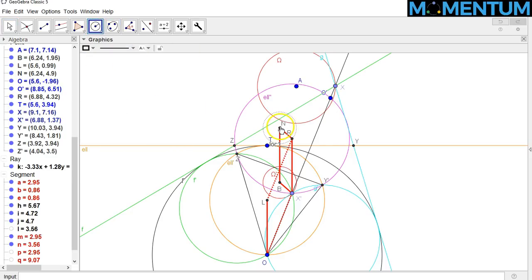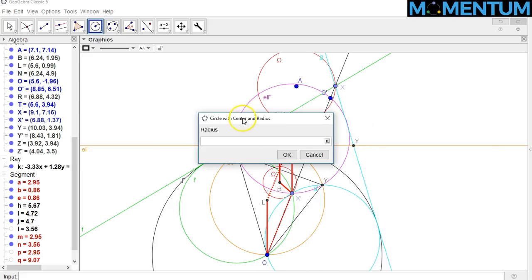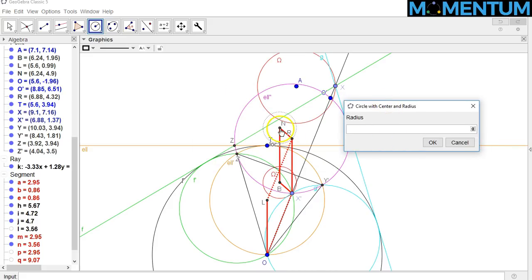So I'm interested in this circle, and then we can explain what is just happening. So center N with radius, I think this one is bigger, so with radius OL minus, I don't know if GeoGebra will let me write it like that, OL minus NR.